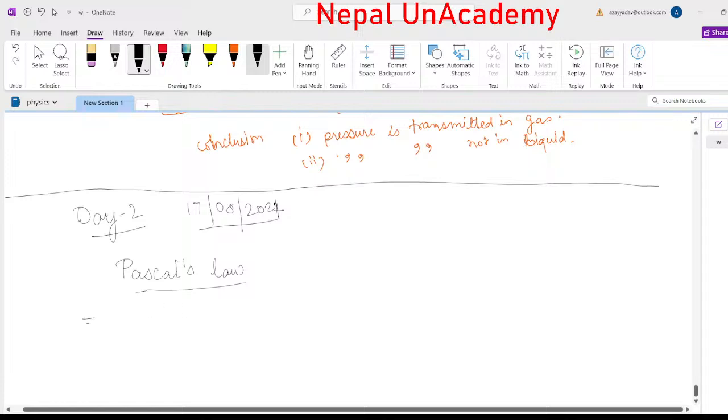If anyone has studied Pascal's law, please comment in the chat box. We have seen the transmission of pressure in syringes, and we have also seen in the balloon how the balloon bulges up when we squeeze it with our hand.